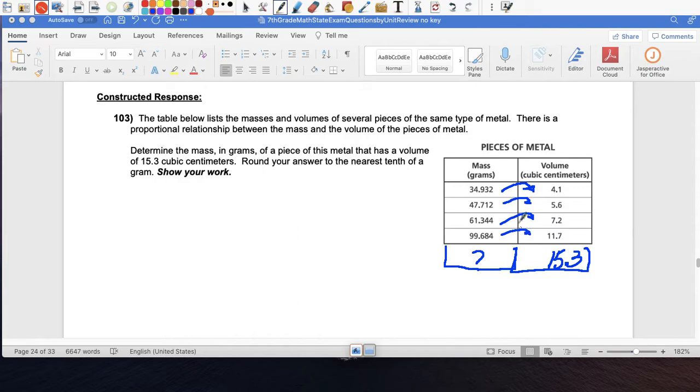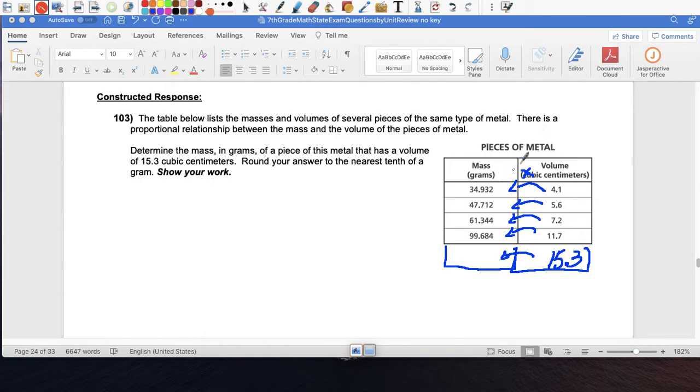You can literally just find that relationship here. Actually, let's go the other way. This times what is 34.932? Find that multiplier. In order to find that, all you have to do is divide 34.932 by 4.1.